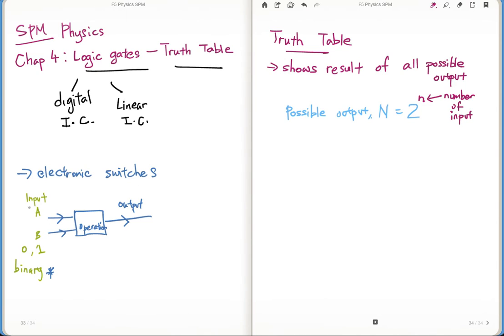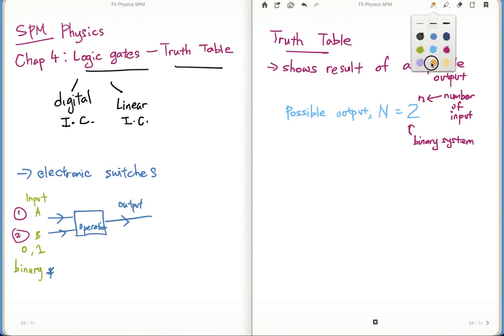For example, with 2 inputs, you will have 2 squared, which is 4 possible outputs. The 2 is because this is a binary system, yes or no.